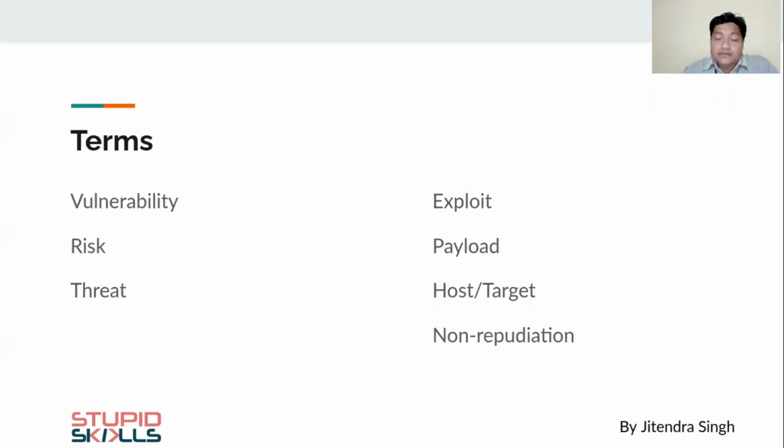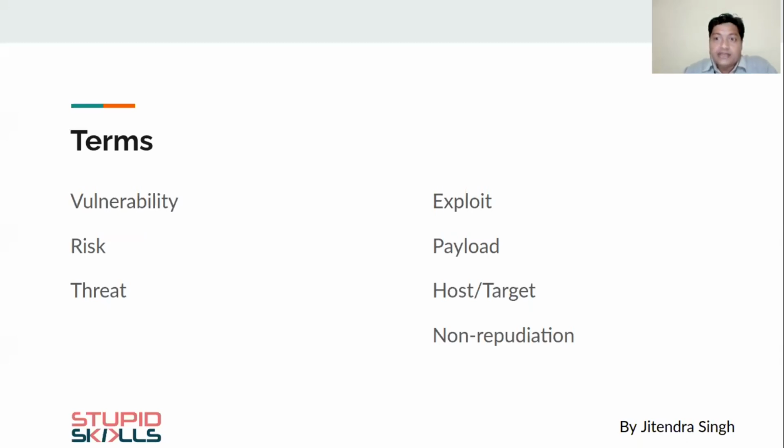Then risk is the term given to the probability of a vulnerability being exploited. What happens in risk analysis is that you list down all the vulnerabilities that are possible in a system, and they are mapped against all the threats in the system.